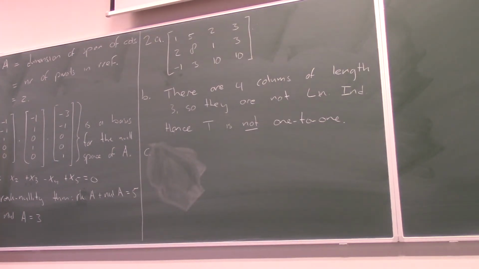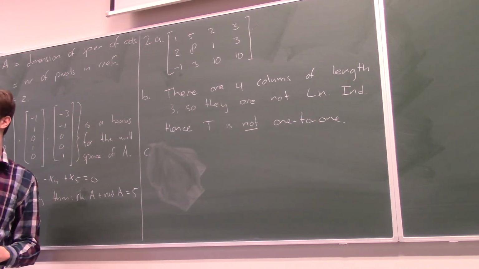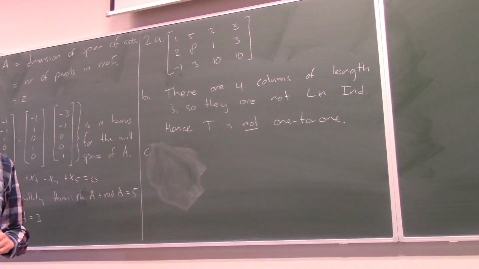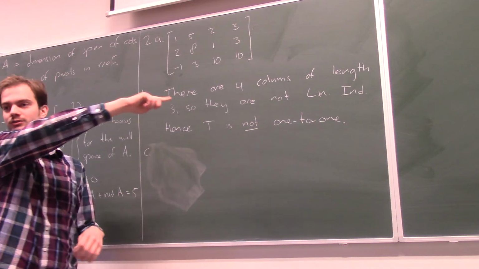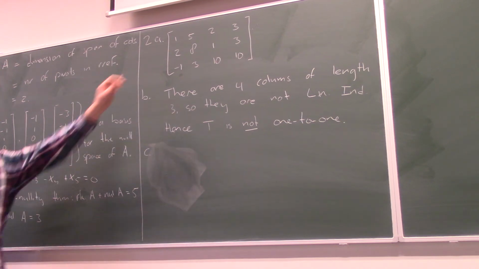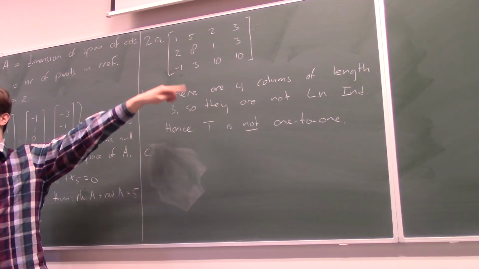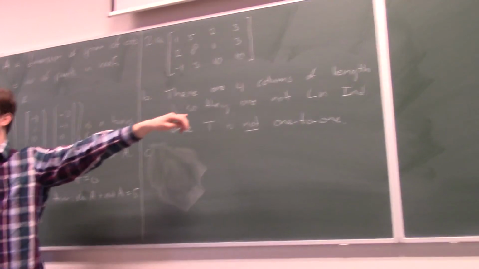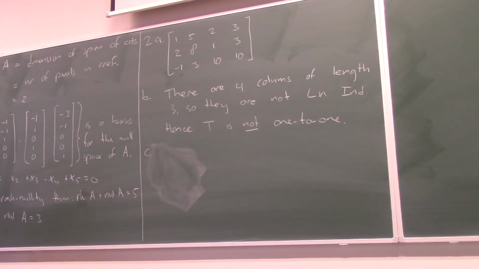So everything in R3 should have some original in R4 that maps to it. So for example, if the matrix was all zeros, then is it onto? No. If you have all zeros, then regardless of what you put in, you get the zero vector, right? So there clearly are things in R3 that don't have any original.